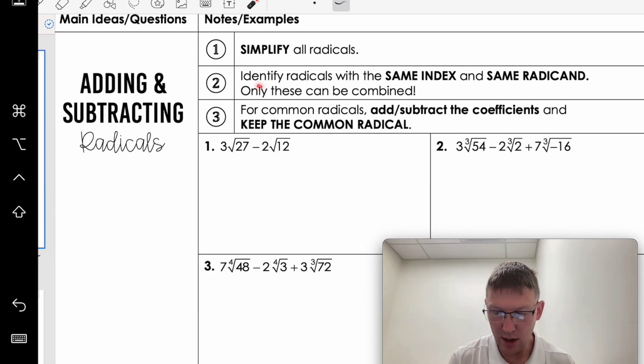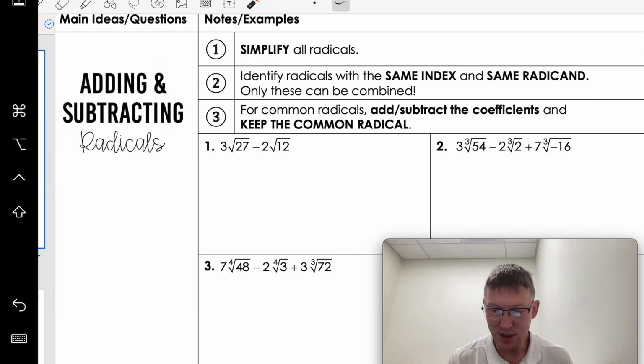So then you're going to identify radicals with the same index and the same radicand. That means that this number and this number have to be the exact same for you to be able to combine like terms. So then only these can be combined. After that, you're just going to combine like terms.